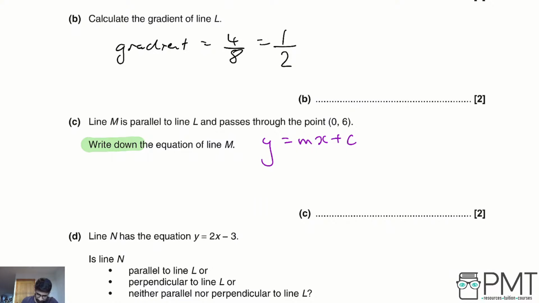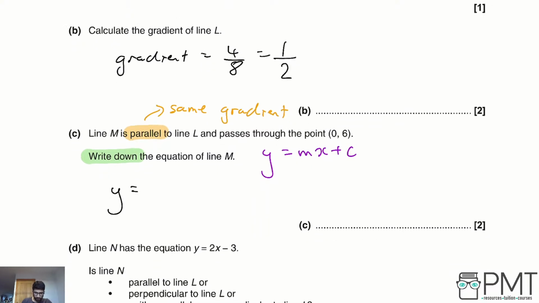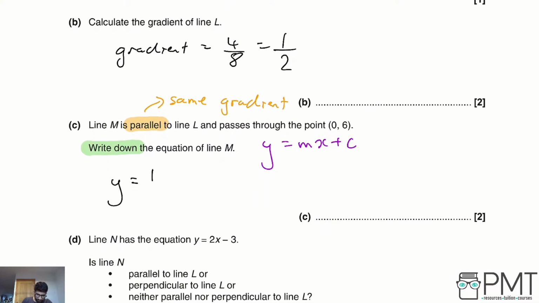If it's parallel, remember that if 2 lines are parallel, they have the same gradient. Having the same gradients, we know that m is going to be a half, so a half x.